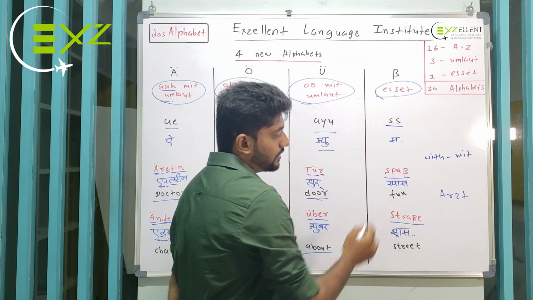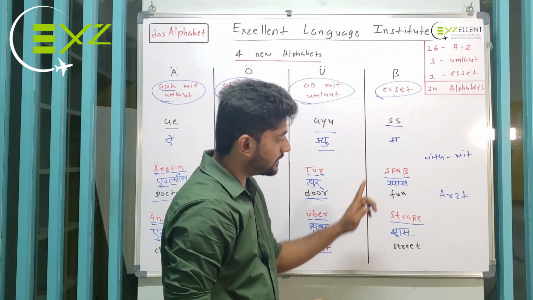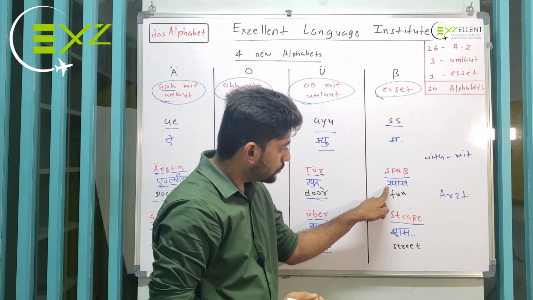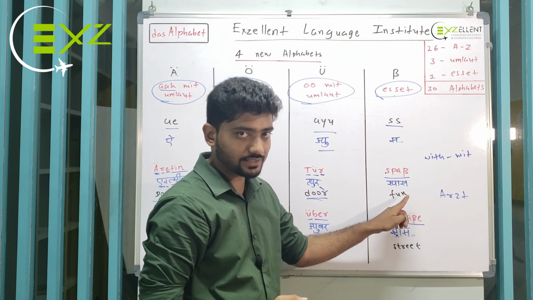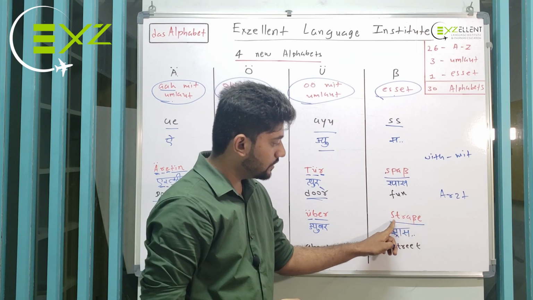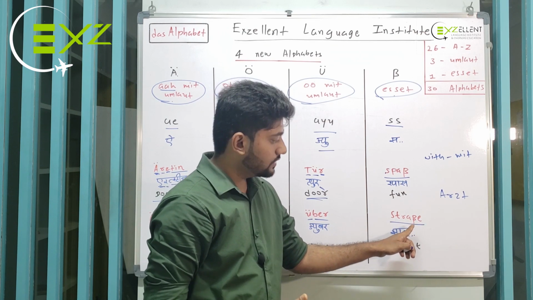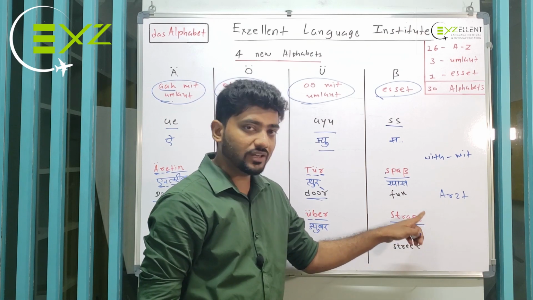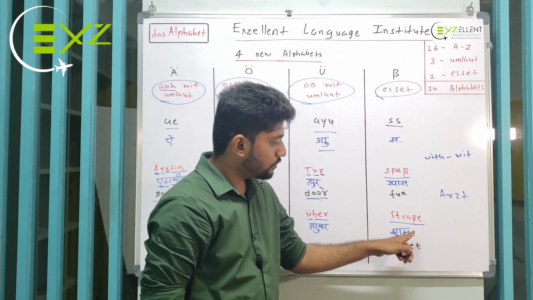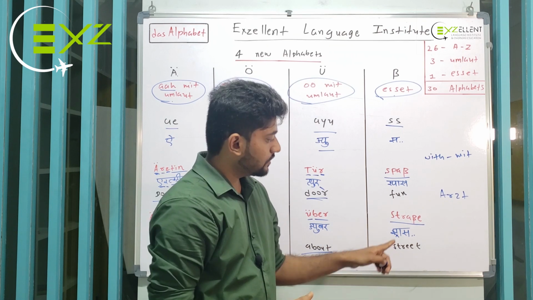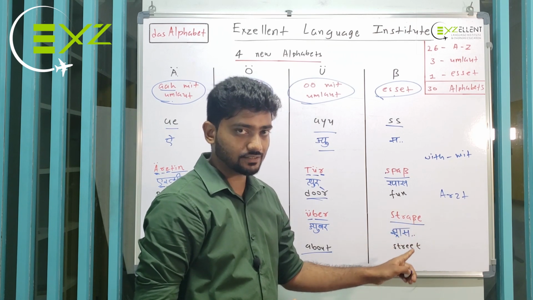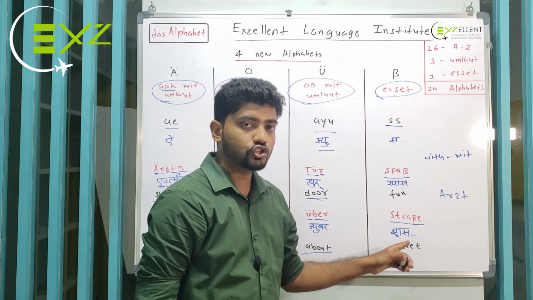Another example, Straße. See here we are pronouncing S as sh. That's why sh pa s, Spaß. Here sh tra will be like tra s. See, e is coming at the end. That's why we are going to pronounce it as a. Straße means street.